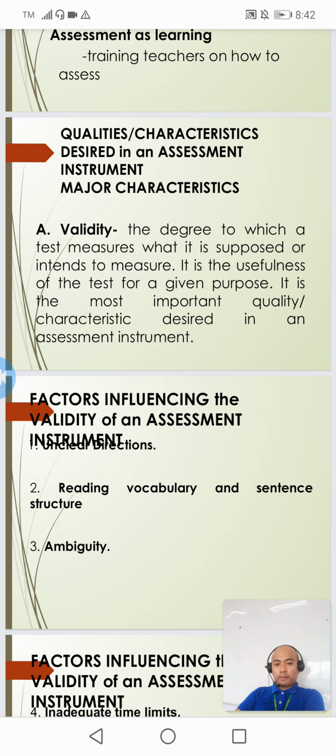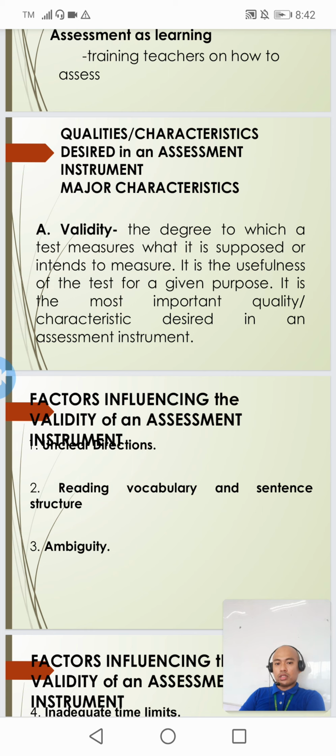What does it mean? If we prepare a table of specification before constructing a test, it means we are trying to distribute, we are trying to identify the expected lessons that have been tackled, which are included or displayed in the TOS.